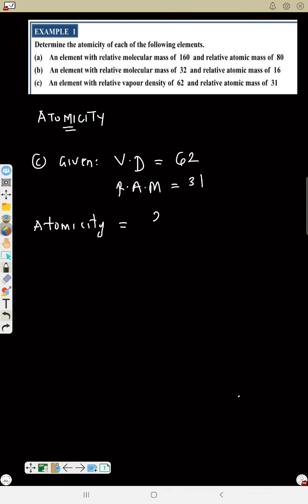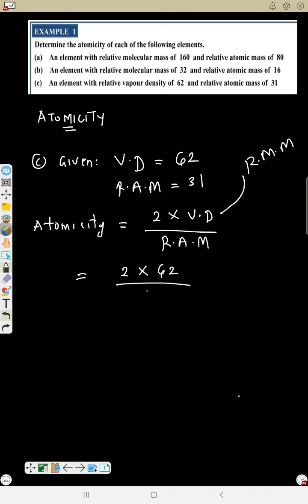Atomicity will be 2 times vapor density divided by relative atomic mass. Anytime you have vapor density, you multiply by 2, and that will give you the relative molecular mass. So atomicity will be 2 times 62 divided by 31. 62 divided by 31 is 2, and 2 times 2 is 4. That means the atomicity of the element in the third one is 4.